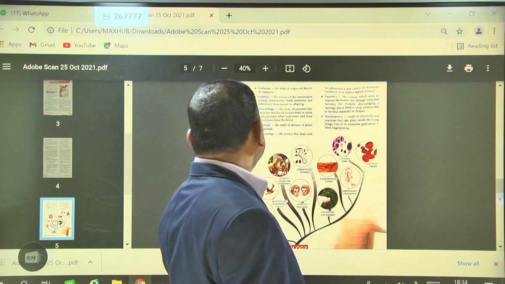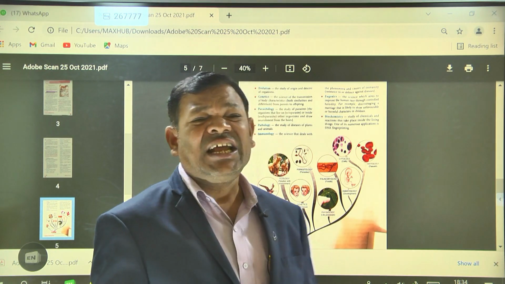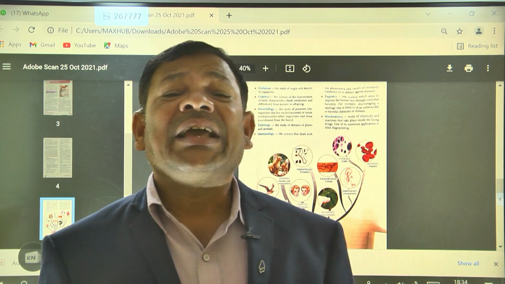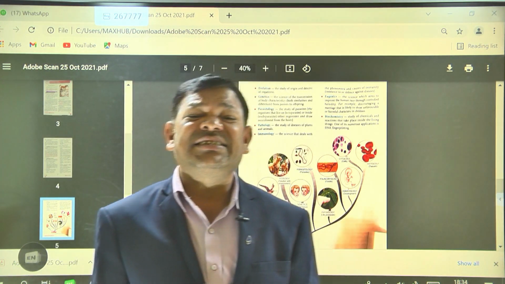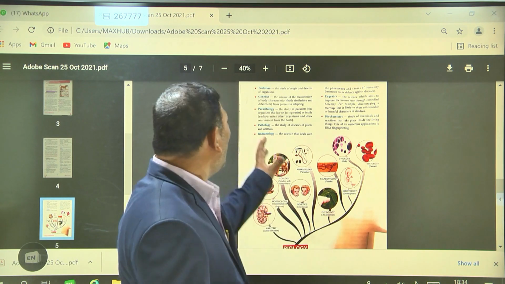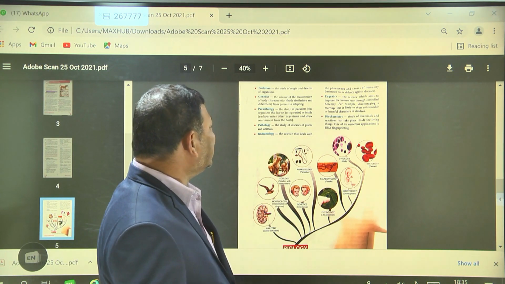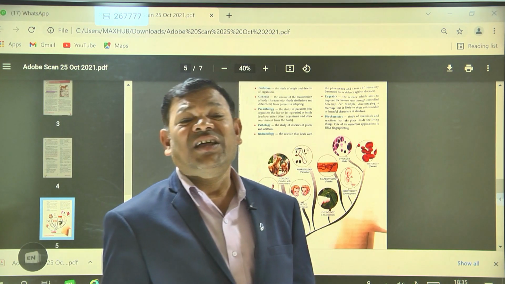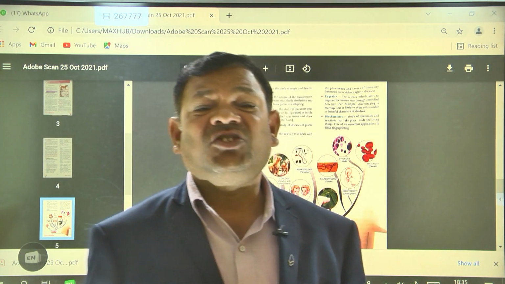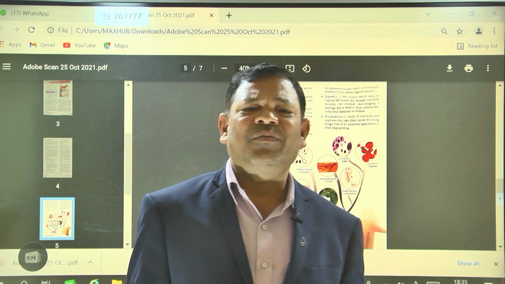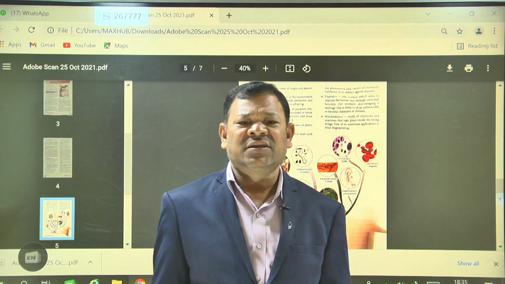So next, genetics, the study of the genes. Especially the study of the genes is called genetics, and variations also we can study. Father of genetics is Gregor John Mendel. Gregor John Mendel is the father of genetics.